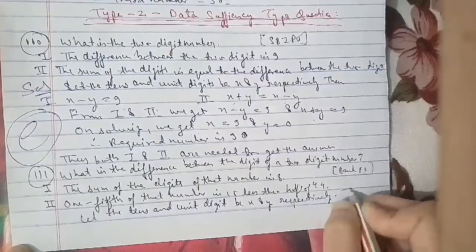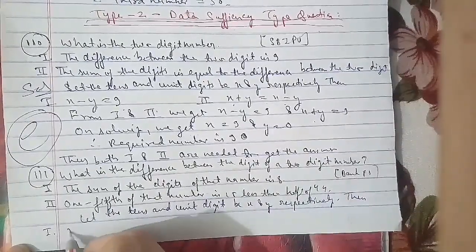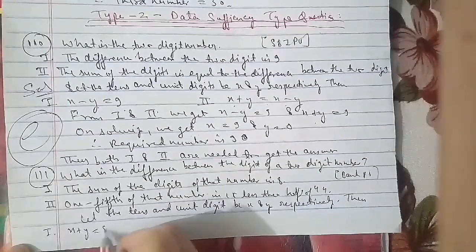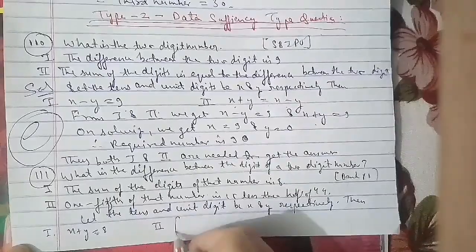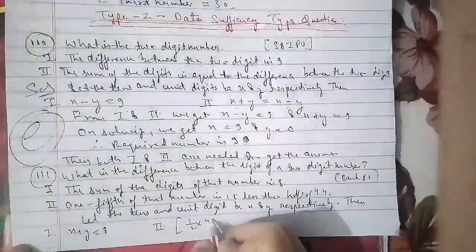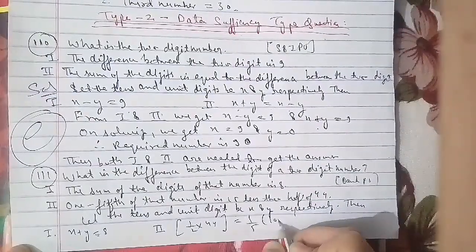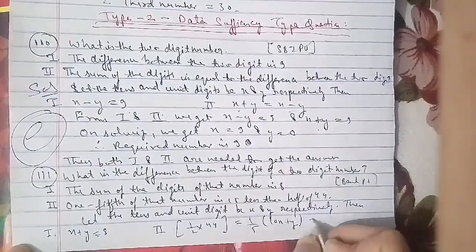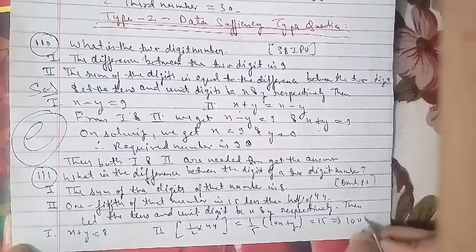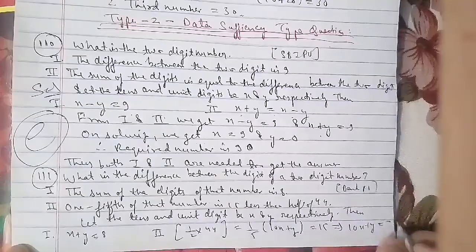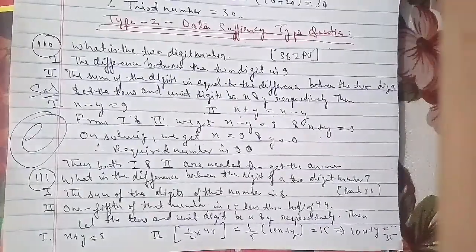Then for the first statement, x plus y equals 8, and the second statement says 1/2 into 44 minus 1/5 of the number equals 15. So 10x plus y equals 35. Okay, this is the second equation. So we'll go ahead with solving both the equations here.